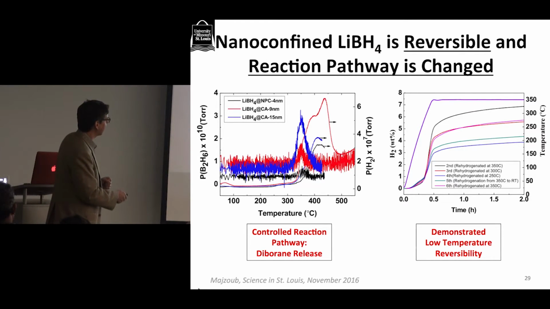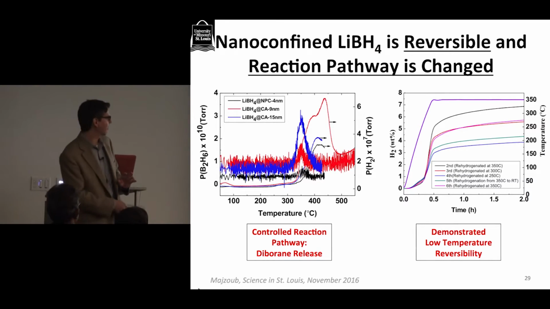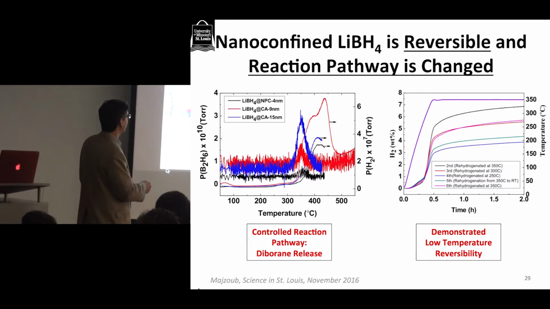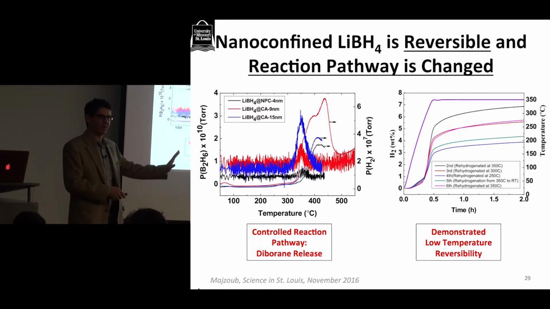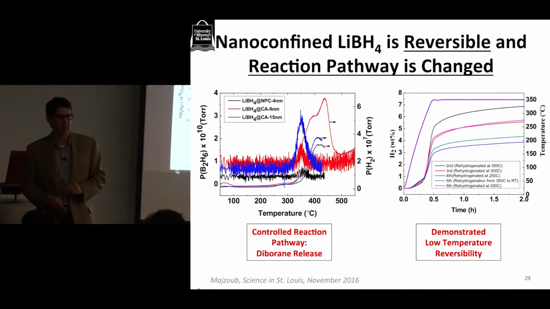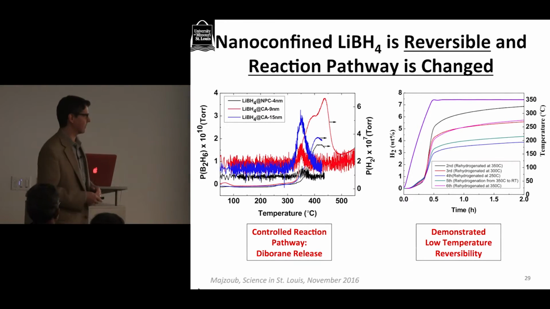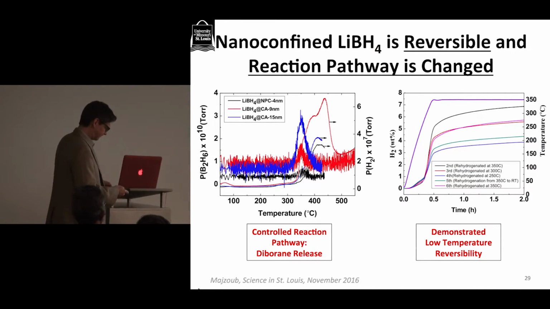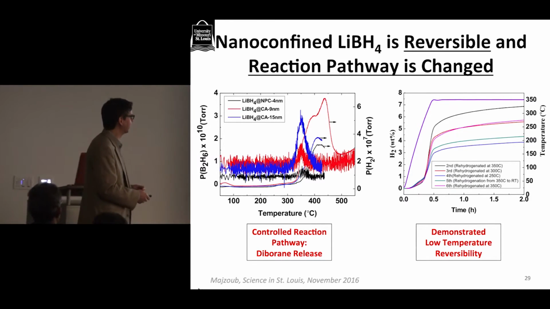And the figure on the right just indicates that we can reversibly hydride the material. So we can go back and forth between whatever the decomposition products are, and we can reform the lithium borohydride in these pores at relatively moderate temperatures and pressures. So that's a big step forward.